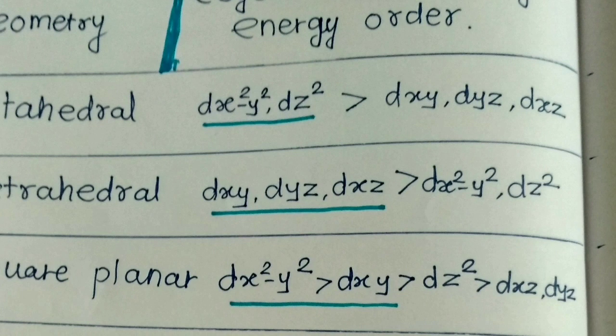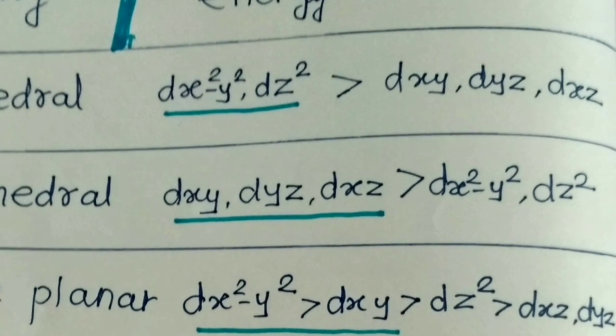The energy of dxy, dyz and dxz is higher than dx square minus y square and dz square.